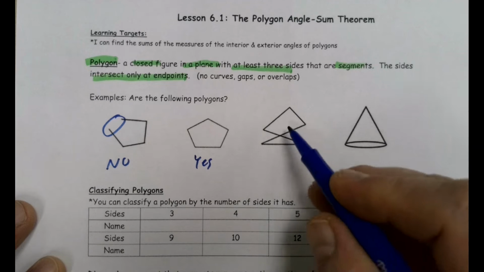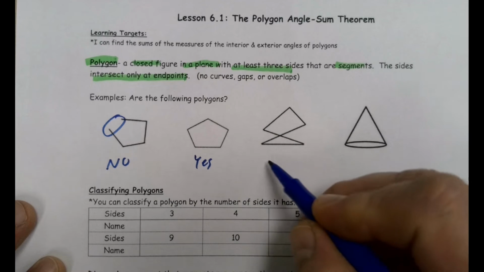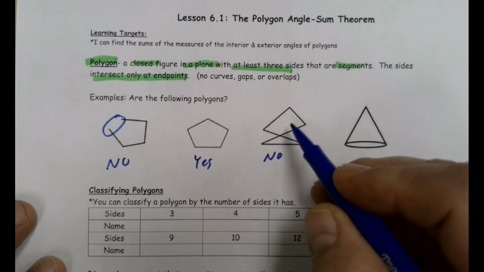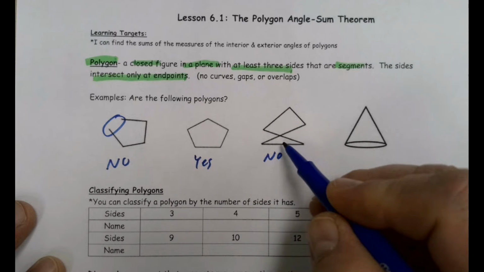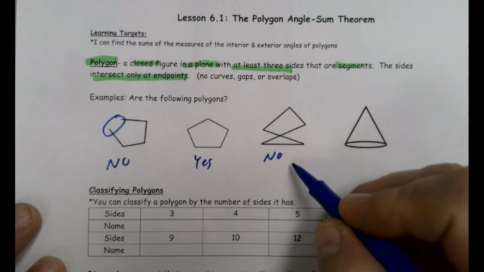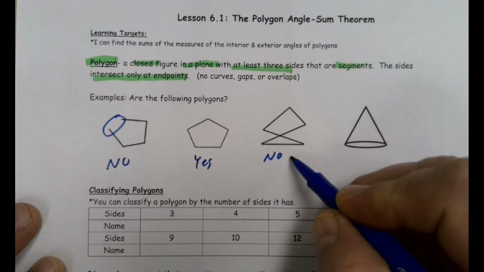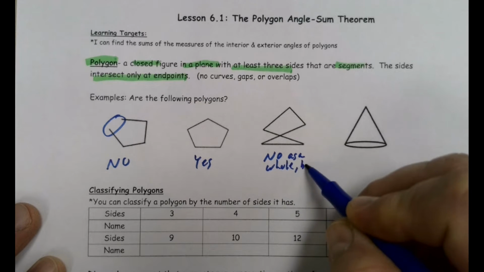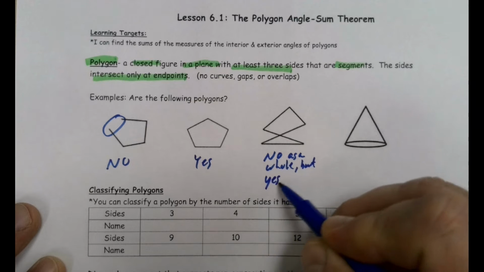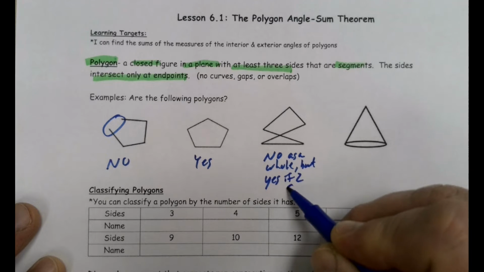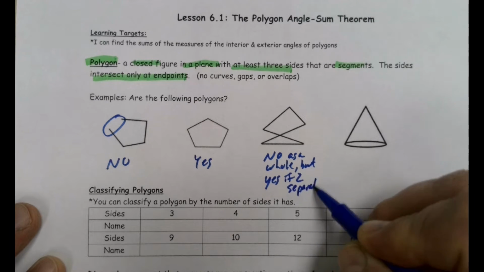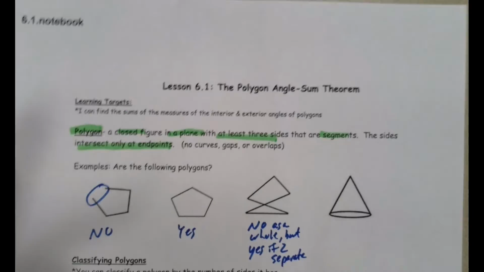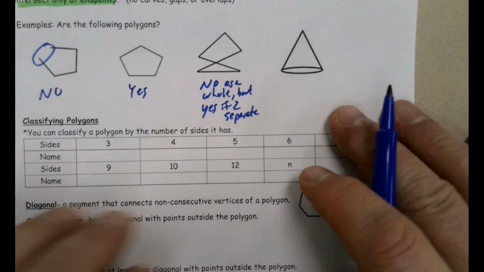At first glance, this looks like a no because this is overlapping. But if you look at it as one shape and another shape, then it could be a yes. And this last one looks three-dimensional.